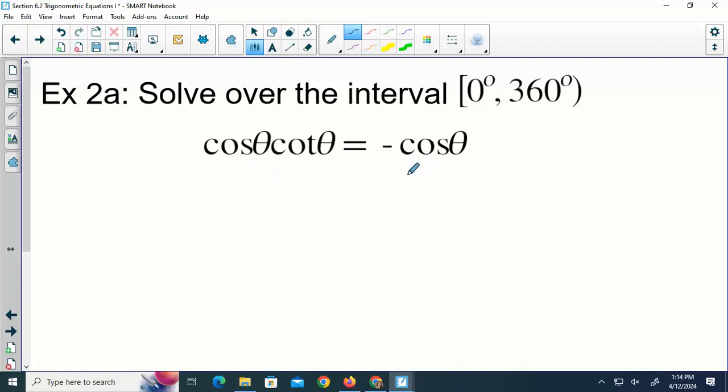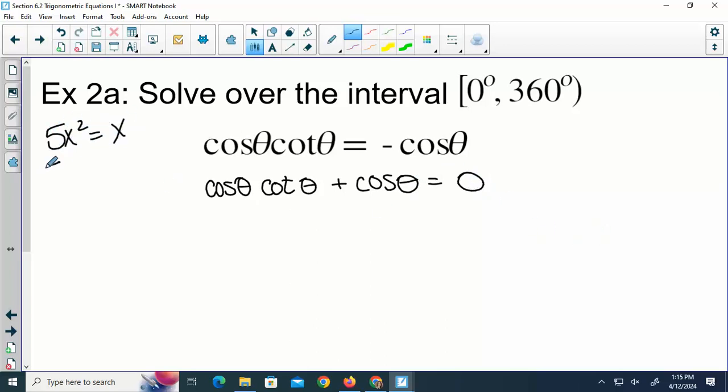I really have 3 variables, don't I? So think back to when you have quadratics or something with more than just a single x. We always get it equal to 0. If I gave you like 5x squared equals x, you would subtract over that x the greatest common factor. What's my greatest common factor on this one?